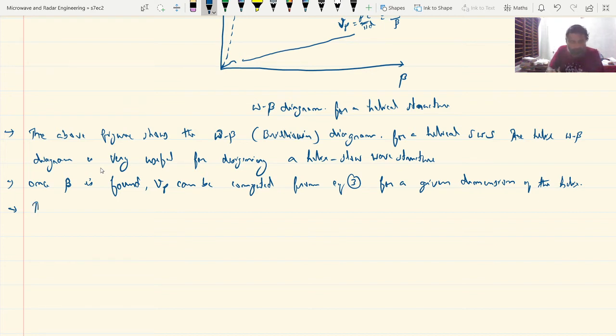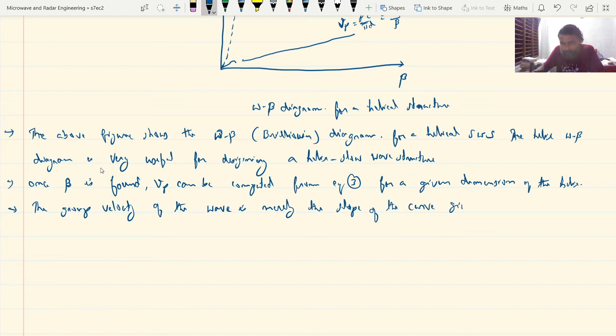The group velocity of the wave is merely the slope of the curve, and that is given by Vg, the group velocity, which is nothing but d omega by d beta.